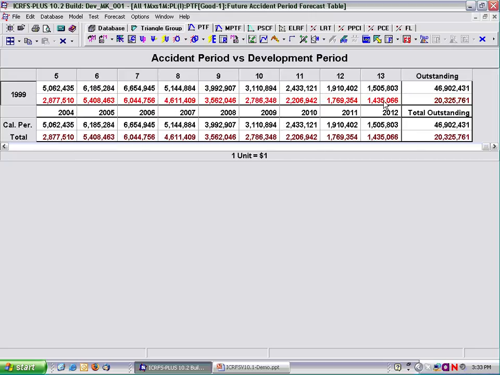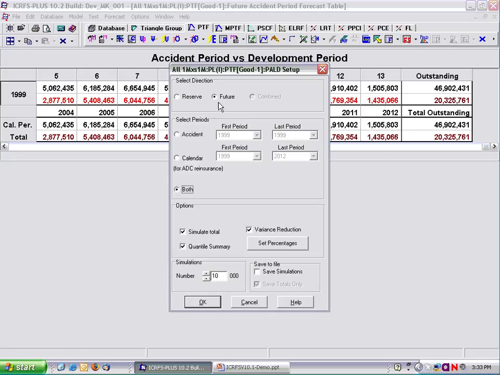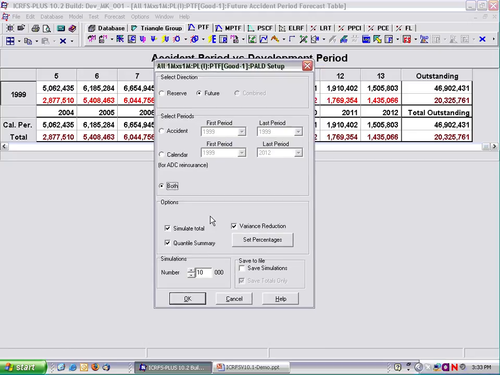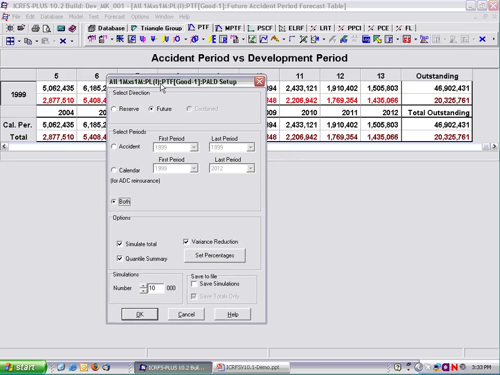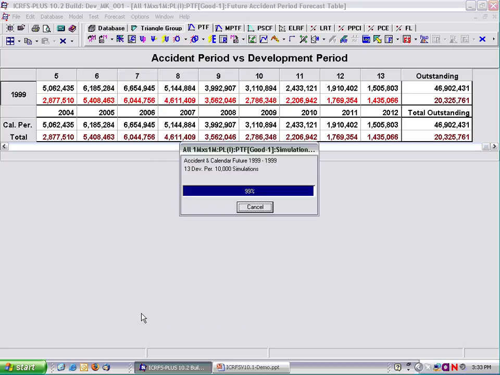Then we add up all the numbers, all our simulated values. And we have one simulation of the aggregate, and we're going to do that 10,000 times, say. So we go to the predictive aggregate loss distributions, and we're going to do it for future underwriting years. We're going to do 10,000 simulations of the whole year, which is, say, 140,000 simulated values from log normals, because we've got 14 cells. So let's do that.